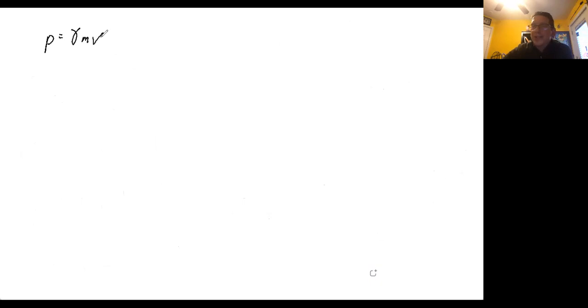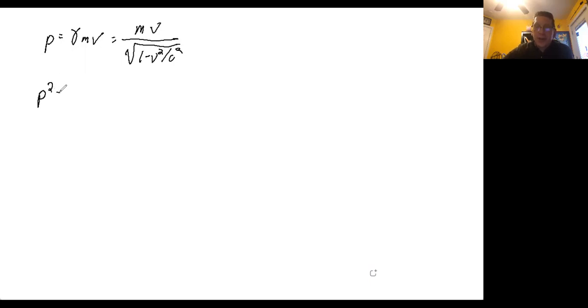Now what we're going to want to do is, instead of solving for P in terms of velocity, we're going to solve for velocity in terms of momentum. So we have P is equal to mv over the square root of 1 minus v squared over c squared. So we're going to solve for v in terms of P.